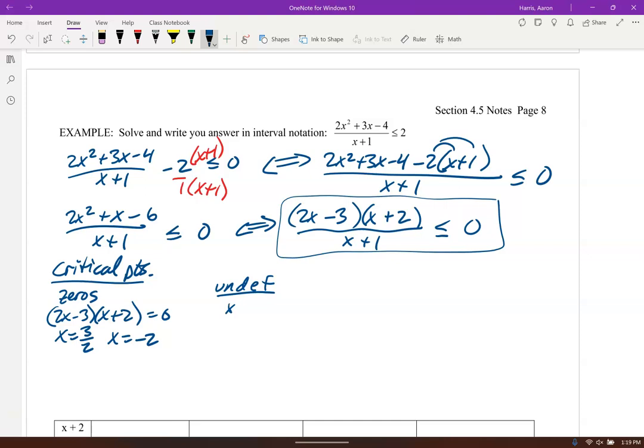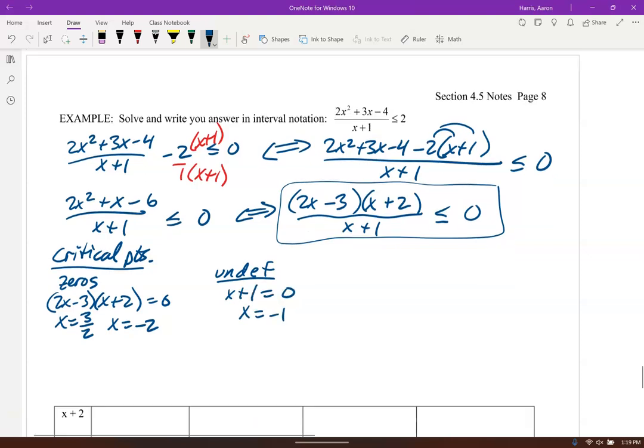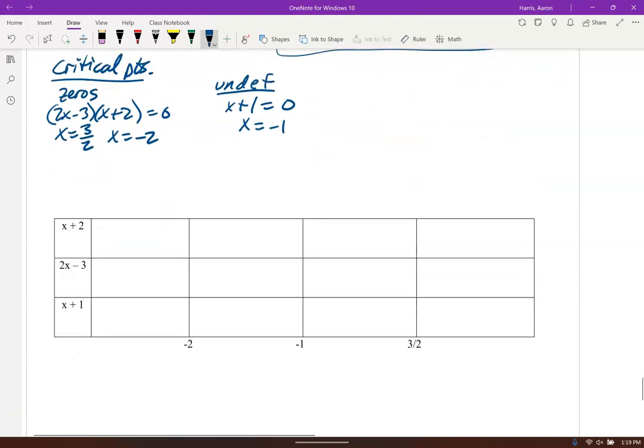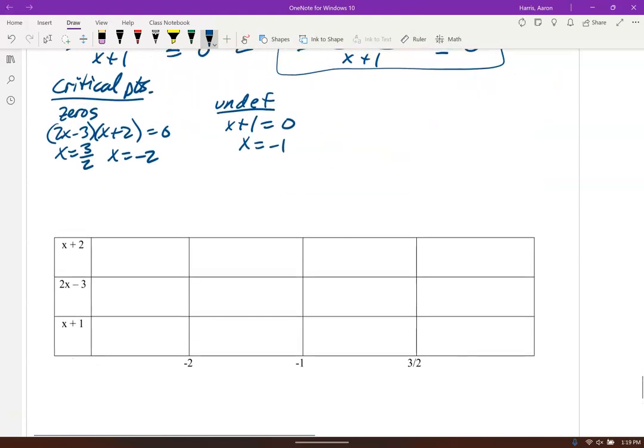This is my other one. Well, the denominator can't be 0, so -1. So I know when I draw this, -1 will not be included. It's undefined there, so definitely throw that out. -2, I got to think about that one for a minute, and then 3/2 is my other one.